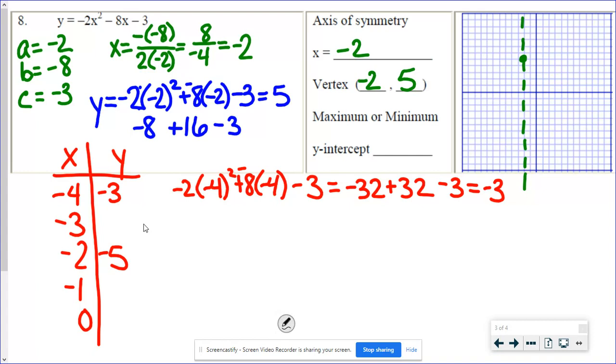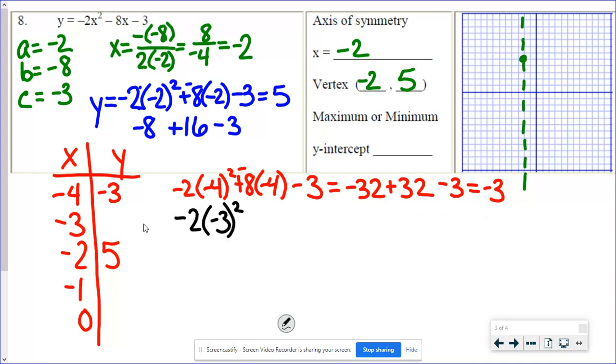Now, you should be able to take a look at what we've got here for the y values. Oh, and I even wrote this one wrong. I'm all full of mistakes today. This will be a positive 5. So we should get something in between there, between the negative 3 and the 5. If you get a number like 17, you know you did something wrong.